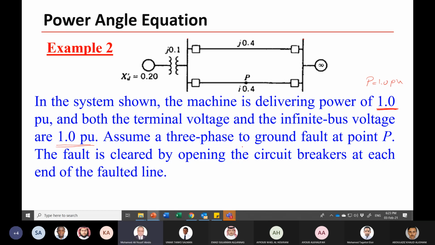Assume a three-phase to ground fault at point B, the midpoint of the line. It is cleared by opening the circuit breakers at each end of the faulted line. To clear the fault, you open this circuit breaker and isolate the line.